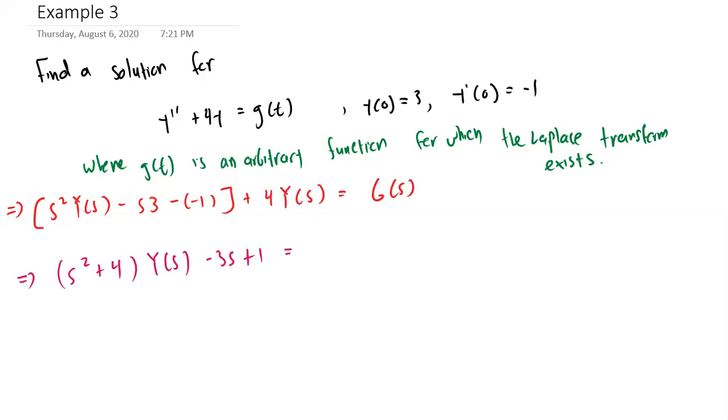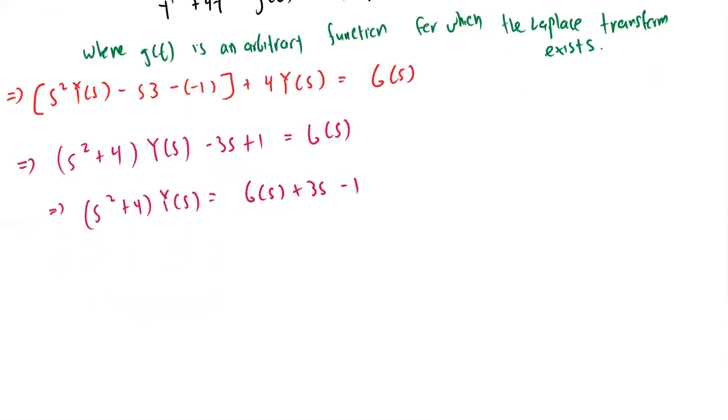Equals big G of s. Now let's add 3s, subtract 1 to both sides. It's kind of obvious, but let's just write it out. There's G of s plus 3s minus 1. We're almost done. Let's just divide everything by s squared plus 4.